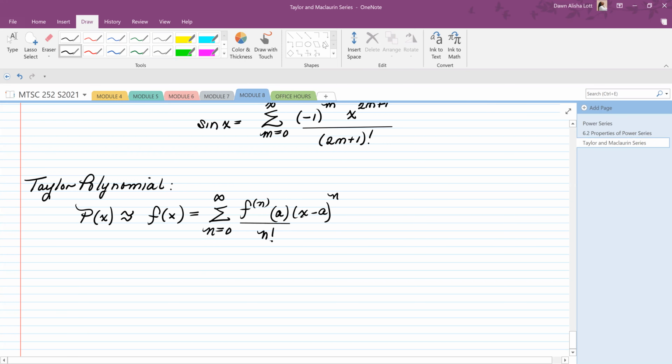And this Taylor polynomial that approximates it says only use part of it.